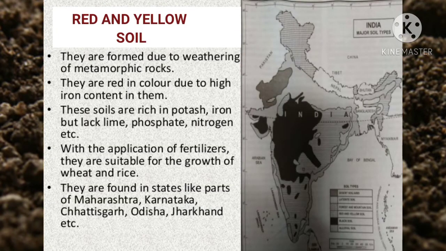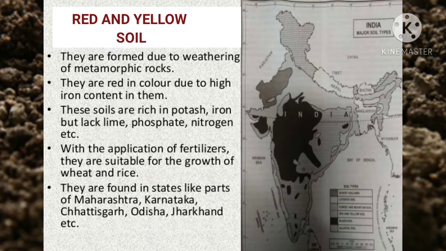How were these red and yellow soils formed? These soils have been formed due to decomposition of underlying igneous rocks under heavy rainfall. These soils have different shades of red and yellow. The red color of these soils is due to oxidation and diffusion of iron in hard crystalline rocks.